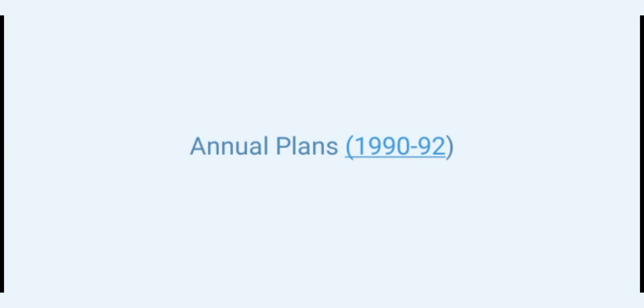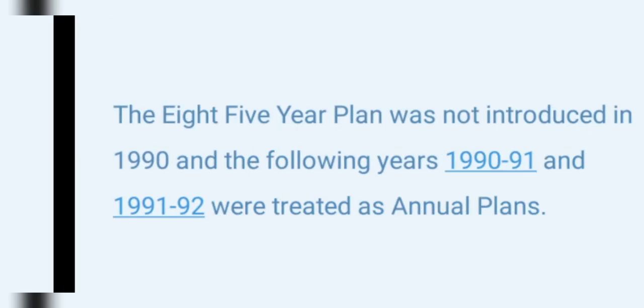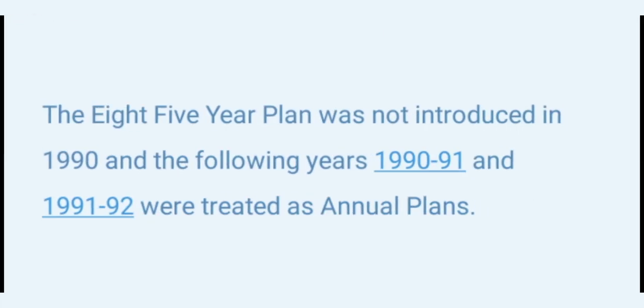Annual Plans 1990 to 1992. The 8th Five-Year Plan was not introduced in 1990 and the following years 1990 to 1991 and 1991 to 1992 were treated as annual plans.